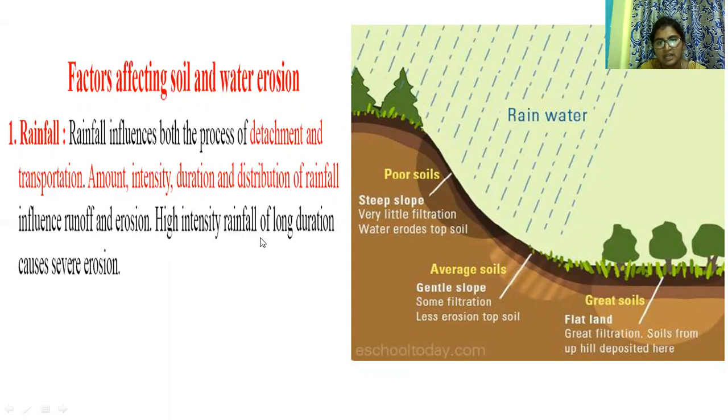High intensity rainfall of long duration causes severe erosion, so losses will be more. With average soils and gentle slopes, some of the water will infiltrate and there is less erosion of topsoil. With greenery, water is held in the root zones, so soil erosion is reduced.